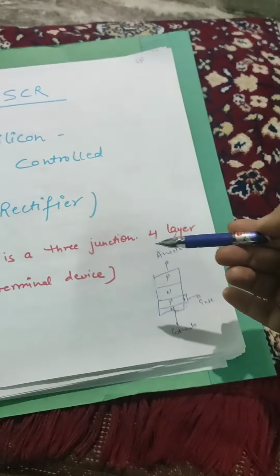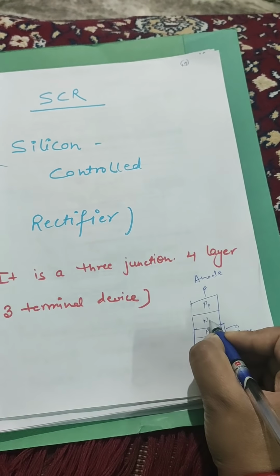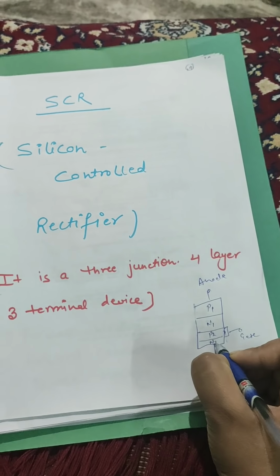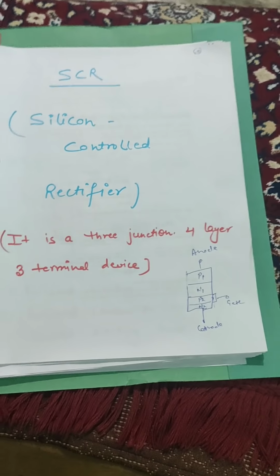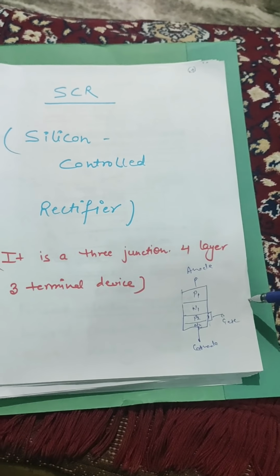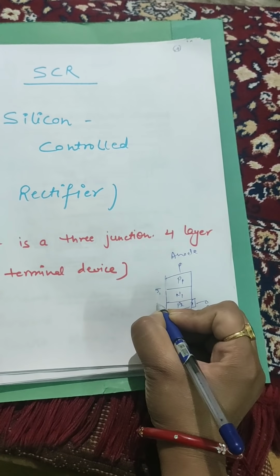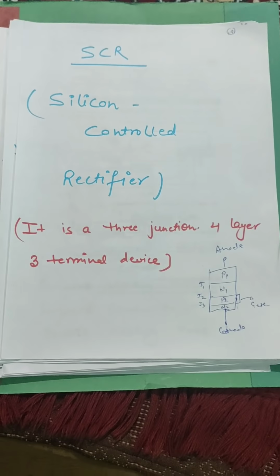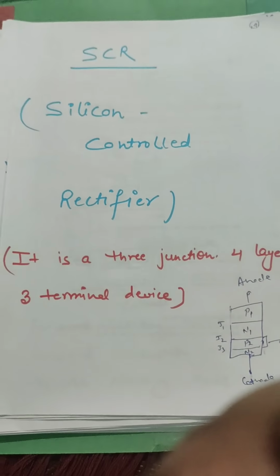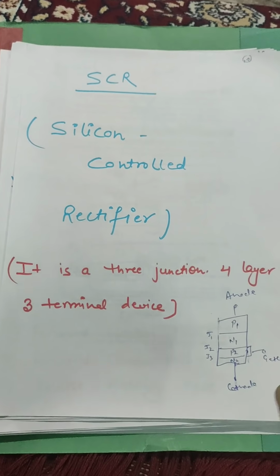The 4 layers are P1, N1, P2, N2. The 3 terminals are anode, cathode and gate, and the junctions are J1, J2 and J3. So it is a 4 layer, 3 junction, 3 terminal device.